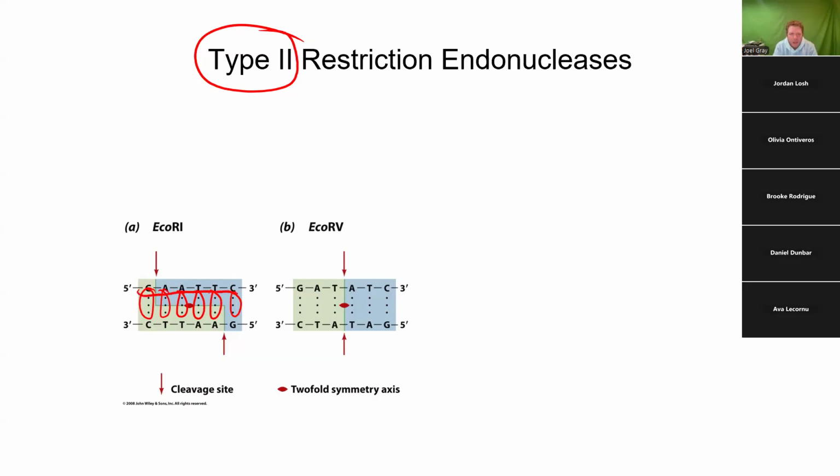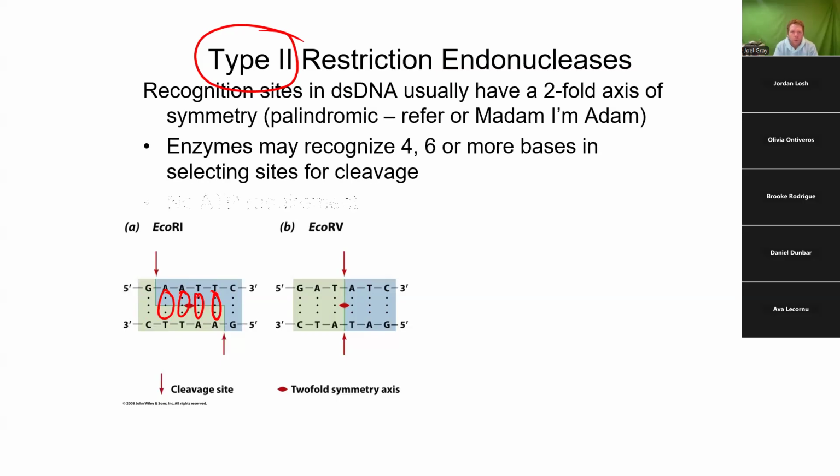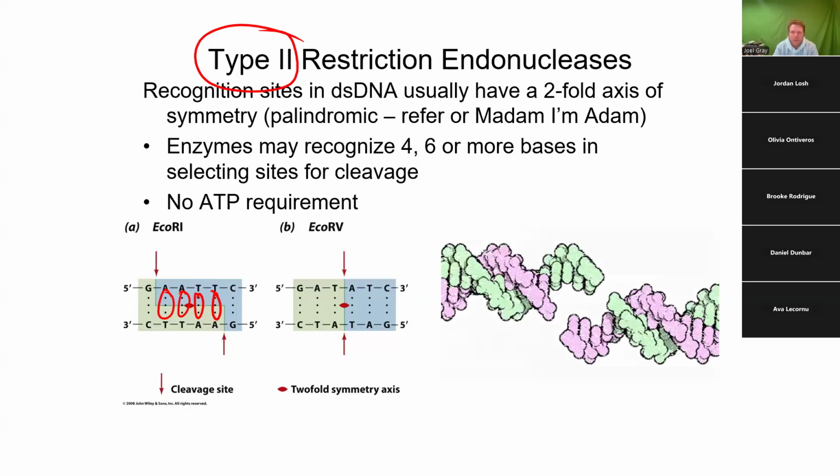But what's going to happen is that these hydrogen bonds here, here, here, here, they're all going to be disrupted enough that they can't hold this molecule together. So that is going to result in a separation that looks a little bit like this and this. These are commonly known as sticky ends.